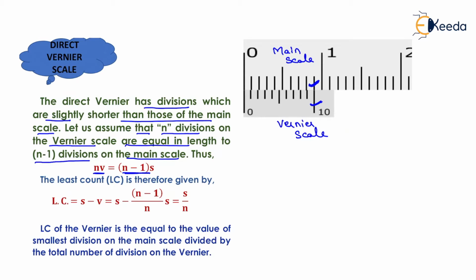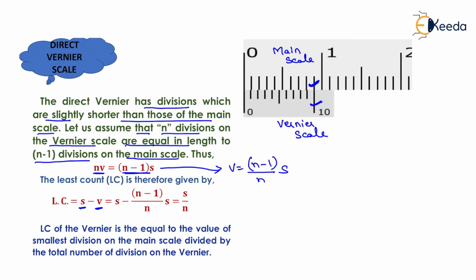If we want to calculate the least count, we take the difference of the main scale reading and the vernier scale reading. From this we can easily compute the value of vernier, that is v equals n minus 1 upon n into s.